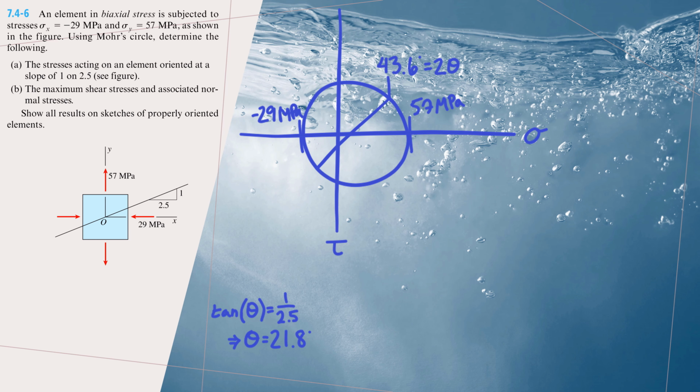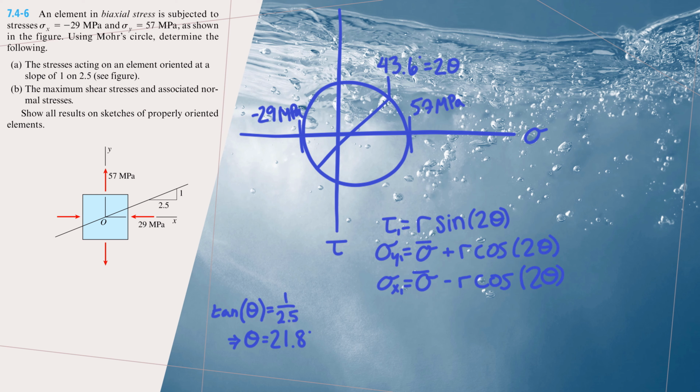And we want to find the coordinates of these two spots that we have a line for. My x coordinate is my normal stress, and my y coordinate is my shear. So, I can say my shear will be my radius of my circle times sine 2 theta, because that gives me my vertical component.